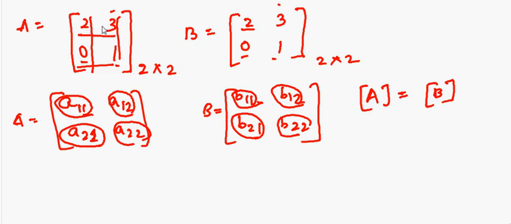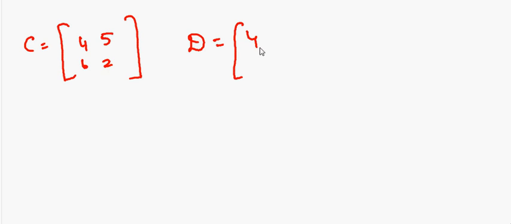Suppose I take an example like this: matrix C is 4 5 6 2 and matrix D is 4 5 2 6. First check the order: 2 by 2, and here also 2 rows, 2 columns. Now let's check the corresponding elements. First row first element: both are 4, yes it's equal.